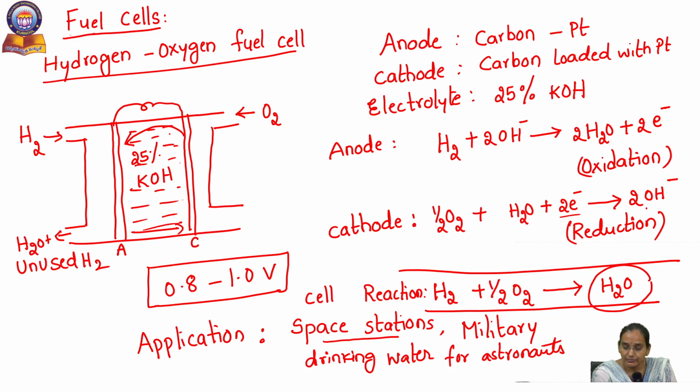So if those who are living in the space stations, the astronauts, have a shortage of water, they can use this water molecule coming from this cell. They can use this for drinking purpose. These are the applications of hydrogen oxygen fuel cell.